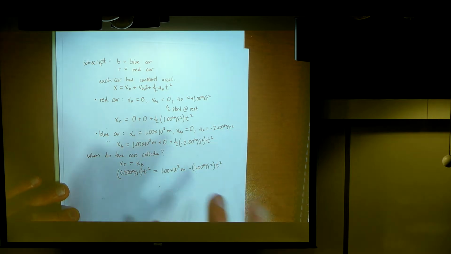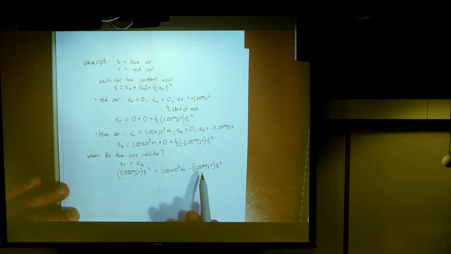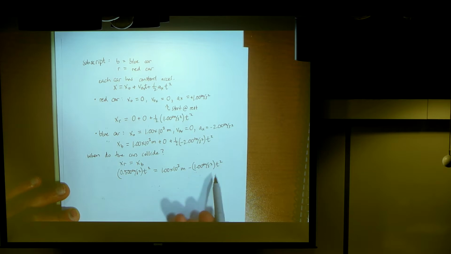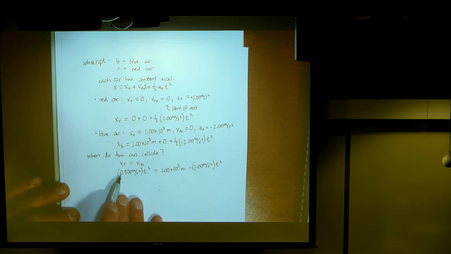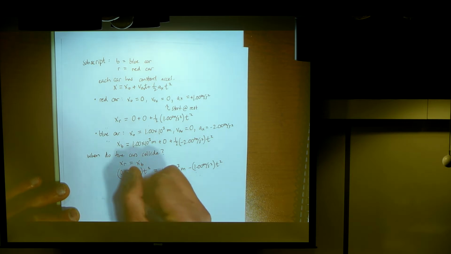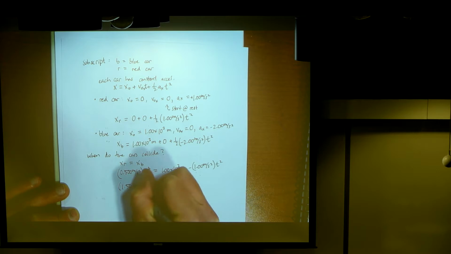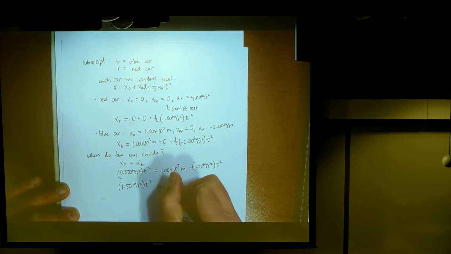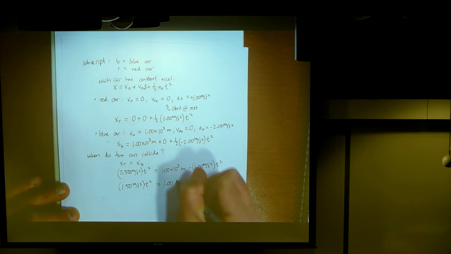So what we're trying to do is solve for t, remember. So what I'll do is I'll add this negative term to both sides, so I'll get rid of it on the right, and then I'll basically have 1 plus 0.5, which is 1.5 meters per second squared times t squared, equaling 1.00 times 10 to the 3 meters.